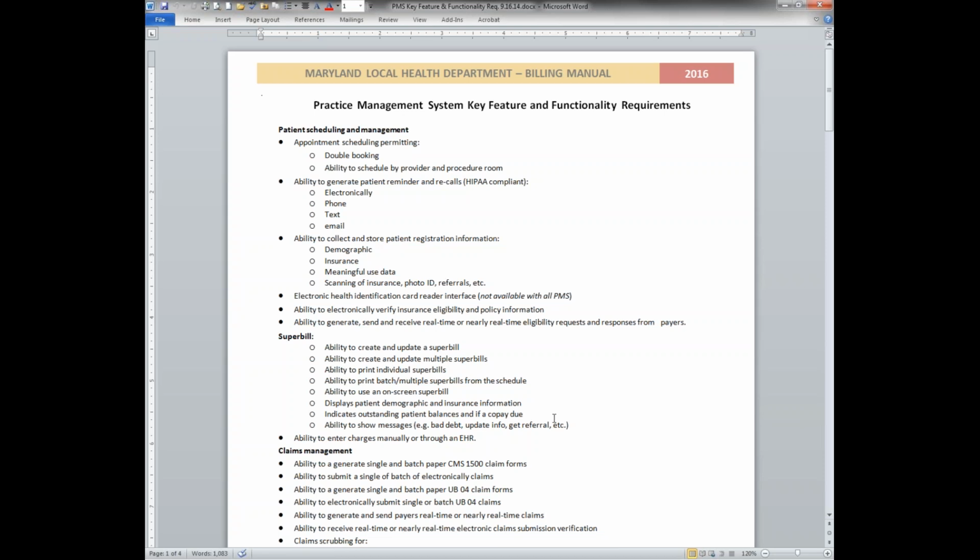So about the super bill, I know some of the health departments call them routing slips, encounter forms, super bills, there are various different fee slips.